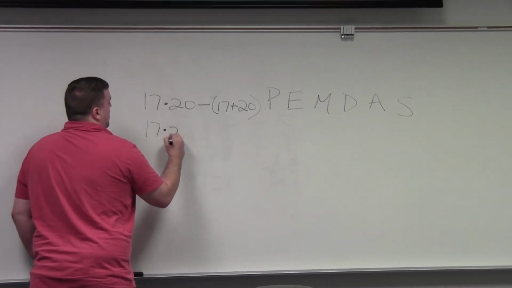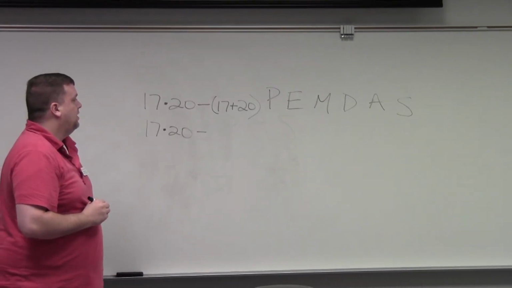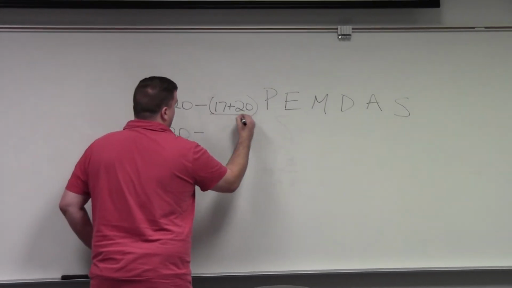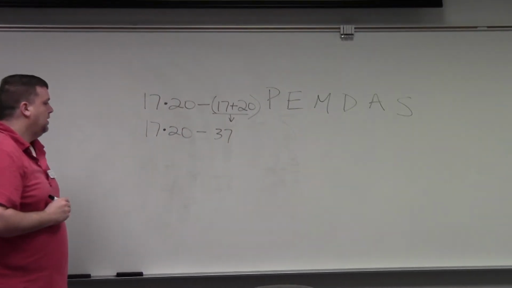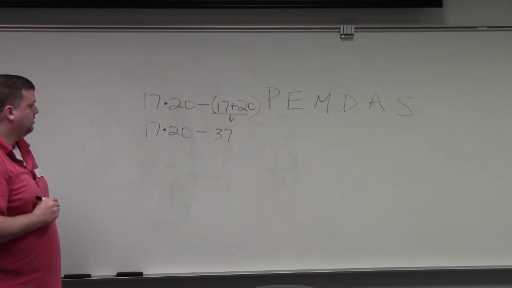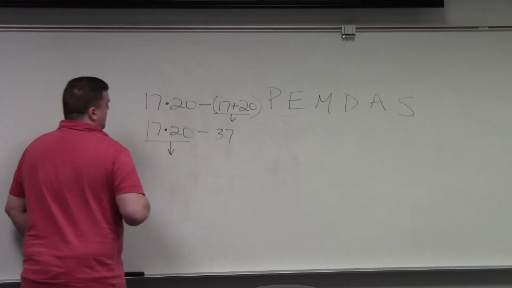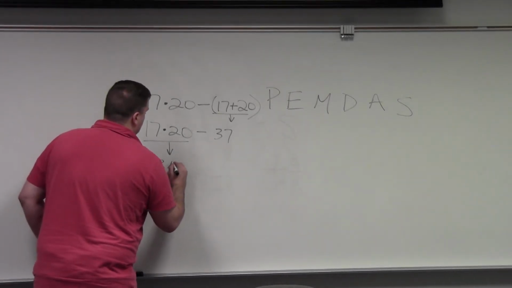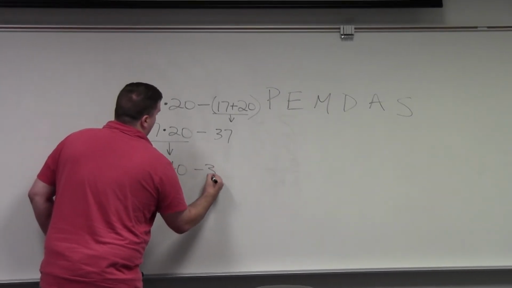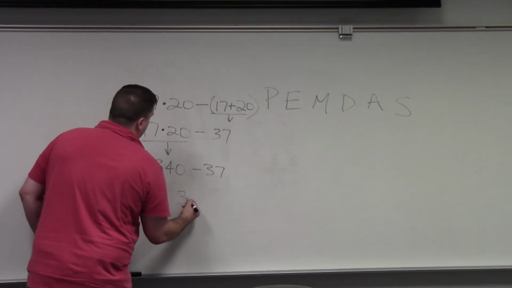So rewrite the rest of the problem just as it looks. 17 times 20 minus. What's 17 plus 20? Now I have multiplication and subtraction, so which one of those comes first? Multiplication. 17 times 20? 340, thank you. And then I have 340 minus 37, which is? 303, correct.